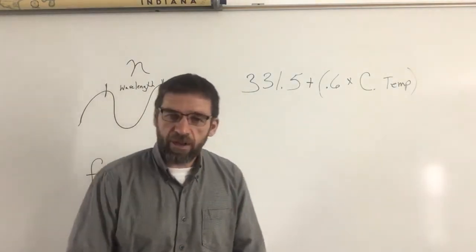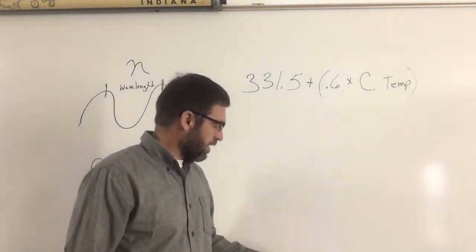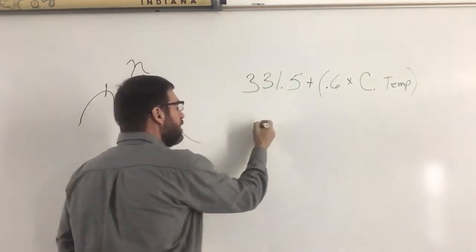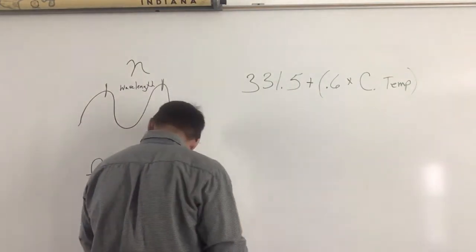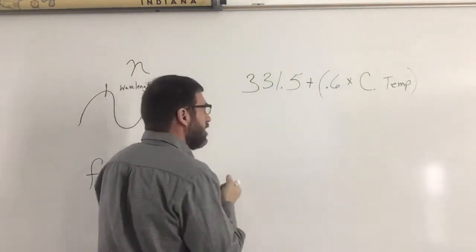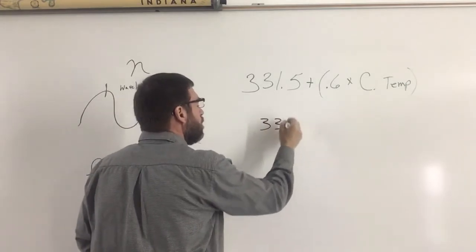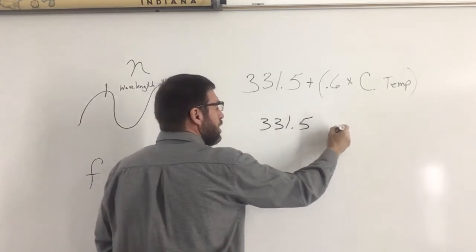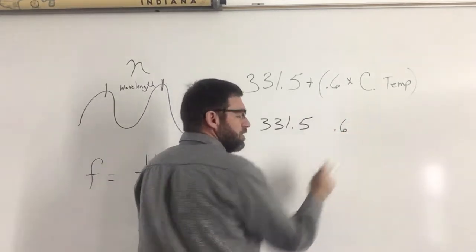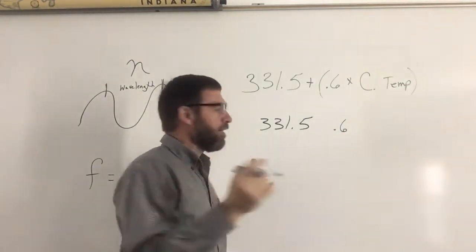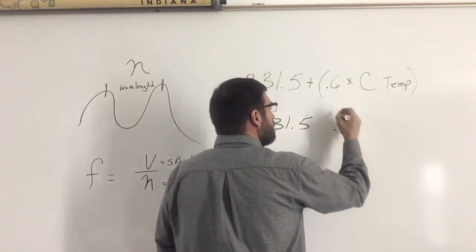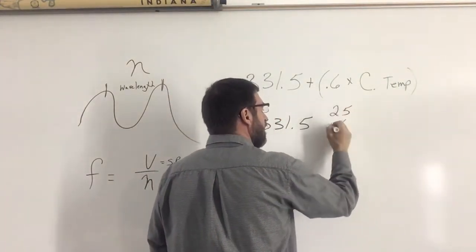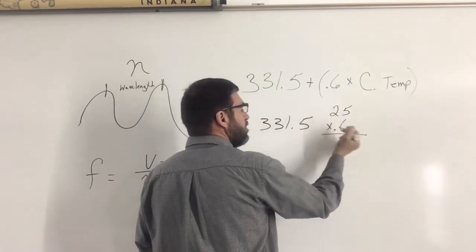Let's just check them out. So if we did 331.5, and we should multiply 0.6, and what was the Celsius temperature? 25, that's right. Let's put 0.6 times 25 right here. We're supposed to add these two together then.